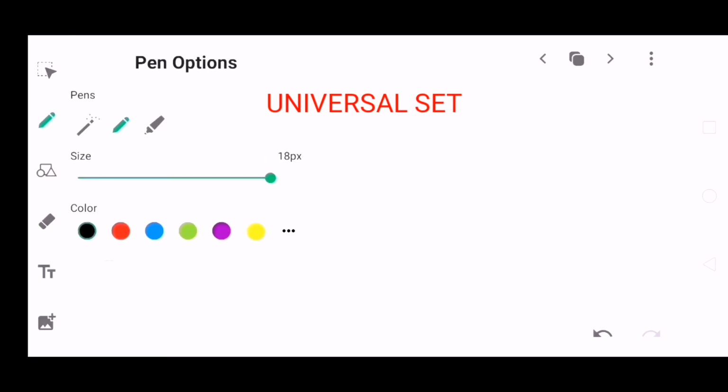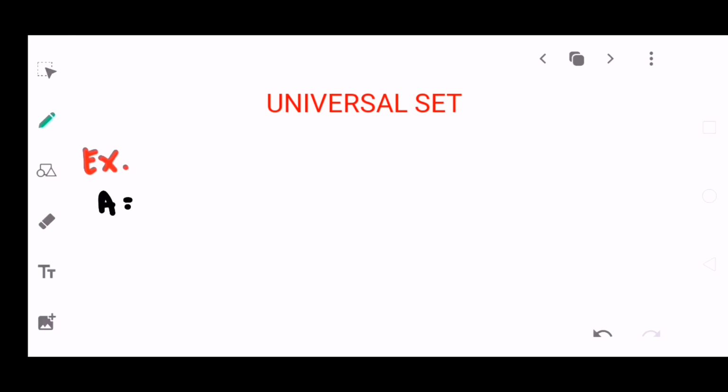Now for the last concept we are going to tackle, that is known as the universal set, and it is defined as the set containing all the elements present in the sets being considered. Say for example, let's say we have set A containing 7, 9, 6, 10.